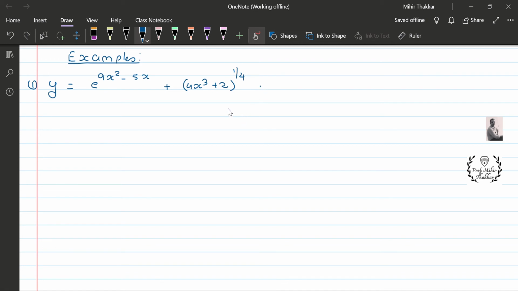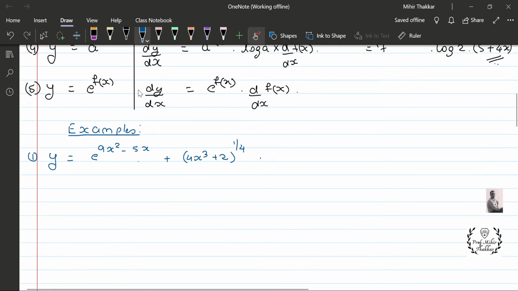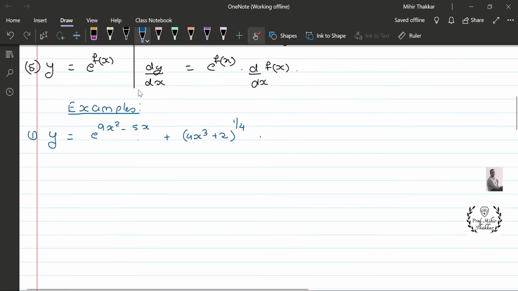So what do we do in this case? If I observe, the first example is of the form e raised to fx. What was the formula for e raised to fx? It was e raised to fx into the derivative of fx.